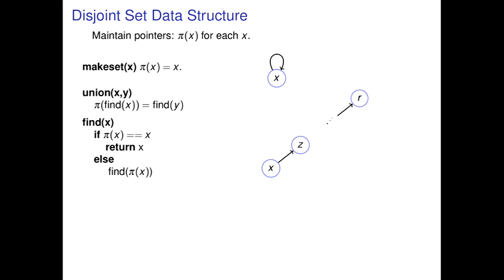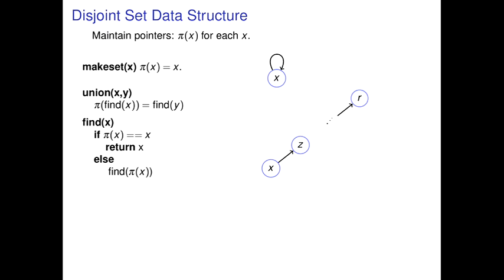Find of X is recursive. It's going to say, oh, my parent is not me, so I will then find of Z and so on. That's what the procedure is doing. At R, it'll say R's parent is R, and it'll stop and return R. Now, for X and Z, what will they both return?